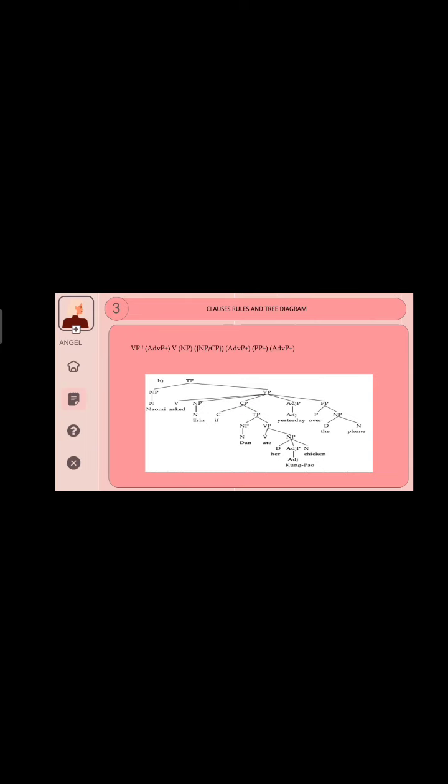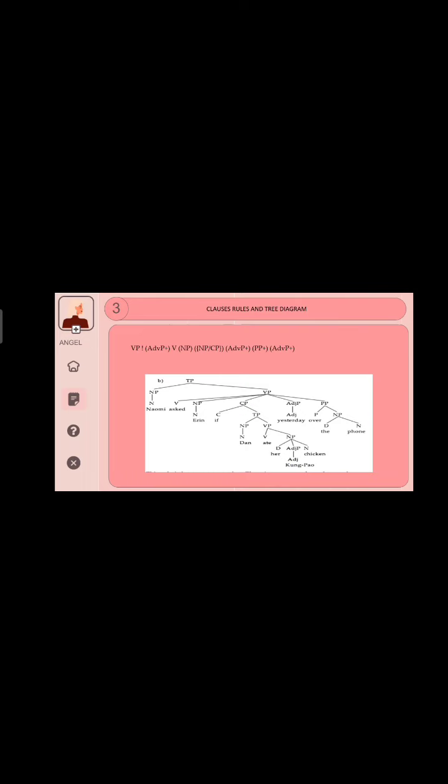So the rule is VP, verb phrase, verb, and then noun phrase, then NP slash CP, adverb phrase, more, and then prepositional phrase plus, and then adverb phrase plus. So we have TP as noun phrase, noun Naomi, and then the verb phrase, verb asked, and then the noun phrase, noun Erin, and the CP.